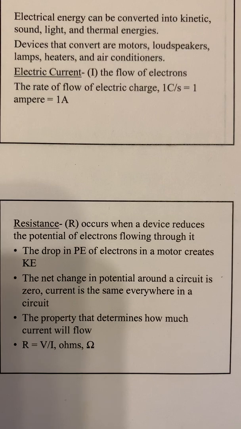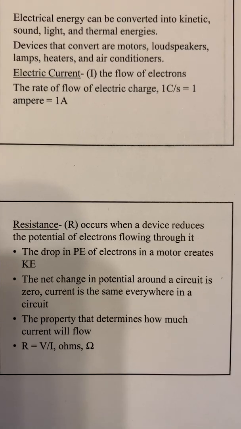That is an indicator that the flow of electrons is being resisted, and it allows it to heat up. Other good examples of devices that have high resistance would be curling irons and blow dryers. They use a lot of energy, and they have a great deal of resistance. Okay, moving along.